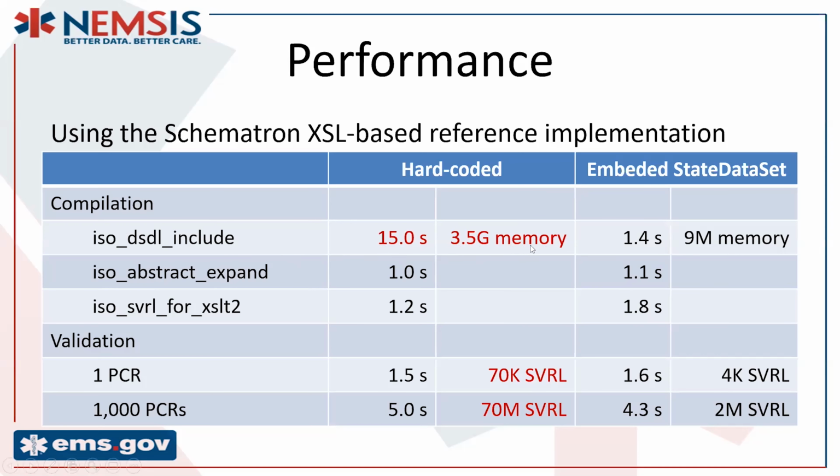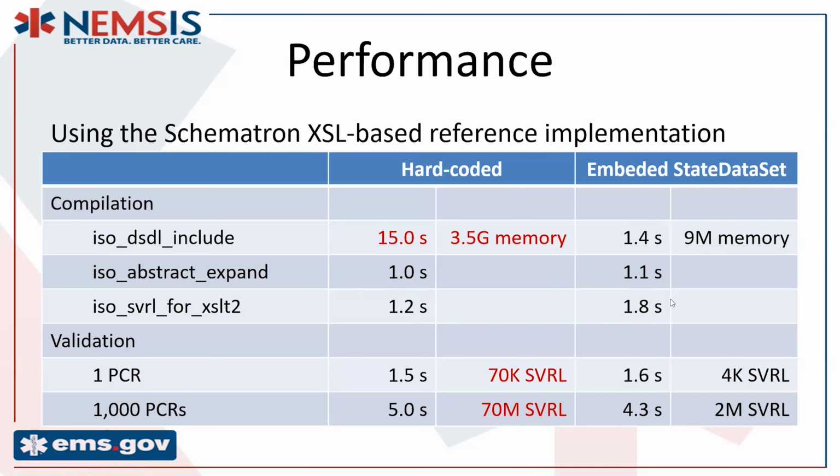Again, I don't know why that is, but with the embedding of a state data set in the Schematron file, we see typical processing results for that stage of the compilation. It takes 1.5 seconds and uses very little memory. The other stages of compilation are roughly equivalent to each other. The embedded state data set actually takes a little bit longer on those steps, but it's just a minor difference.